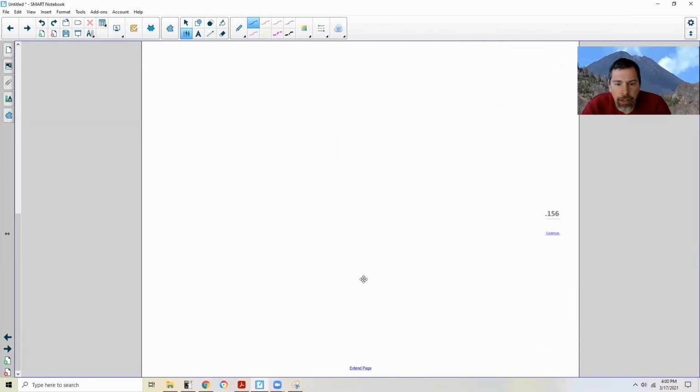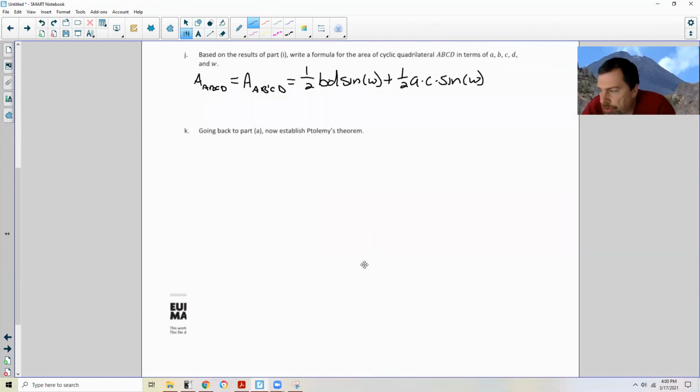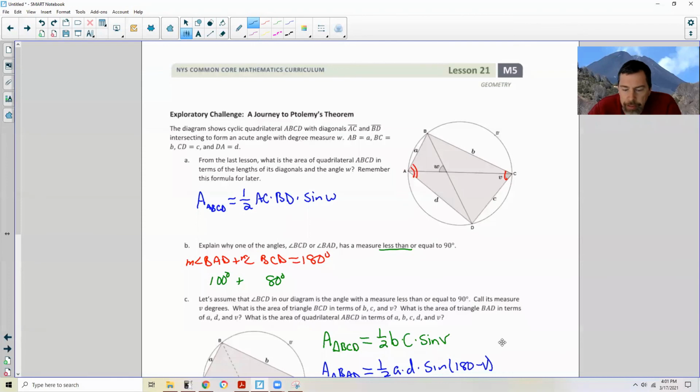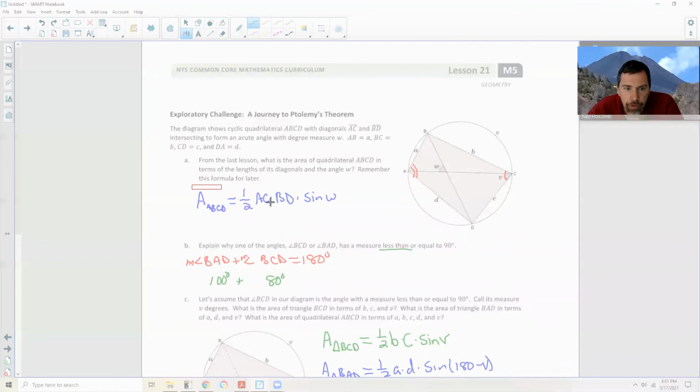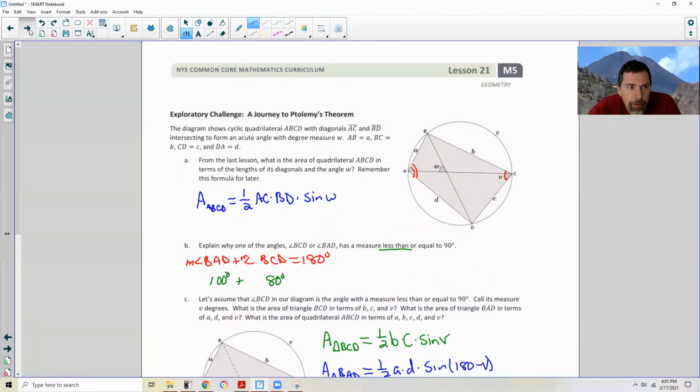And finally, going back to part A, now establish Ptolemy's theorem. All right. Okay, so here's part A. I'm going to copy this and bring it over. So let's copy this. Here's part A. Copy.